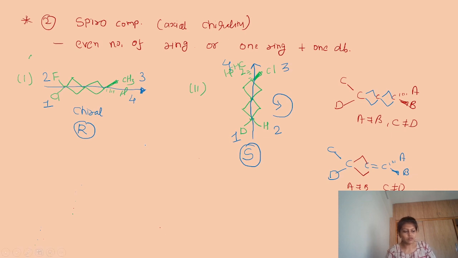Now the next one is the Adamantane. Third one is Adamantane. Adamantane has also axial chirality plus central chirality.